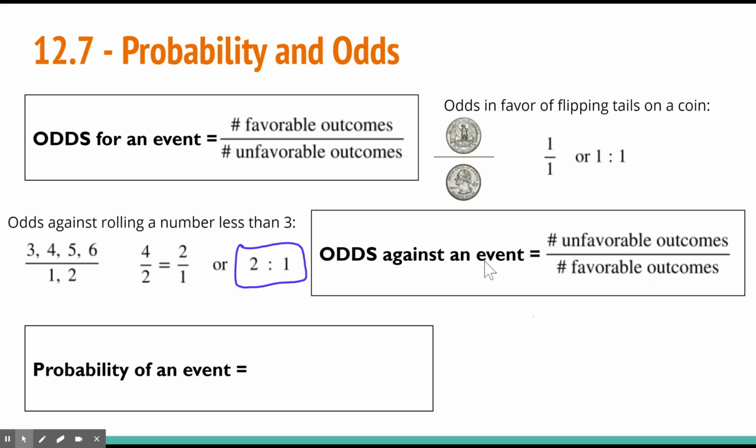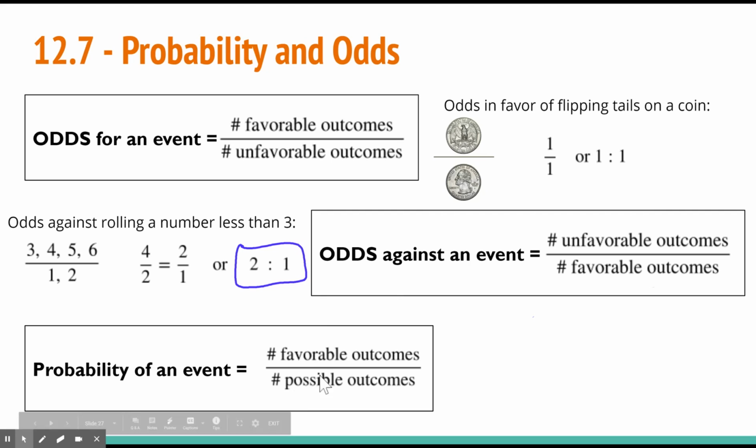But the probability of an event and the odds are different. So just please be careful. Favorable over possible versus our odds where it's favorable over unfavorable or unfavorable over favorable. So let's do one last example here. What is the probability of picking a diamond? So again, if you remember, I said there were 4 suits.